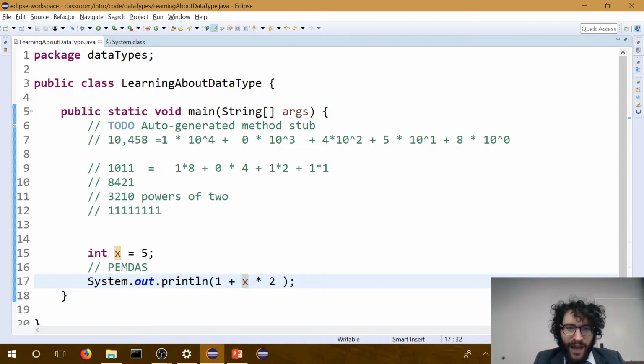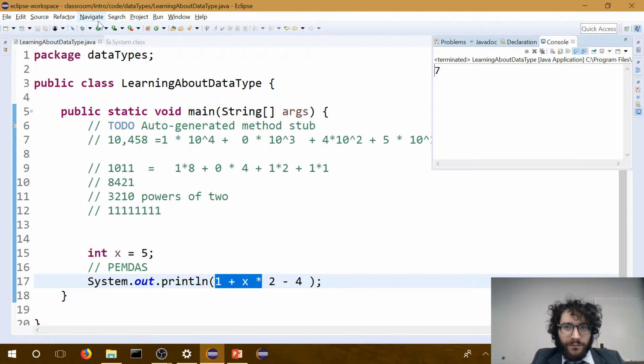So 1 plus x. Here we're going to do 5 times 2 first, which gives us 10. So then it's going to be 1 plus 10, which is 11, minus 4, which will be 7. Okay, so this is all according to order of operation.